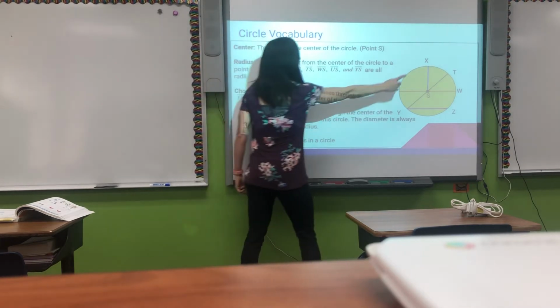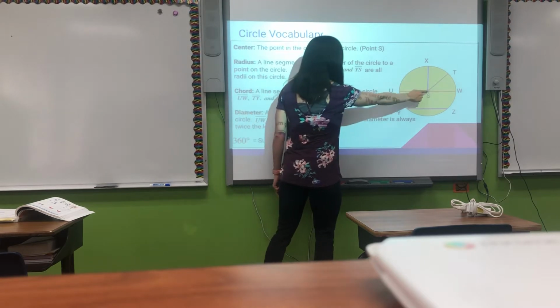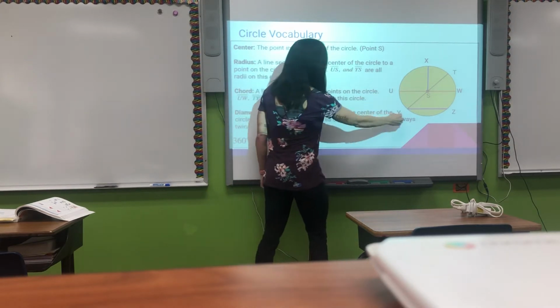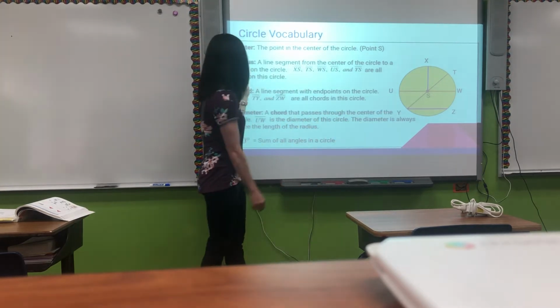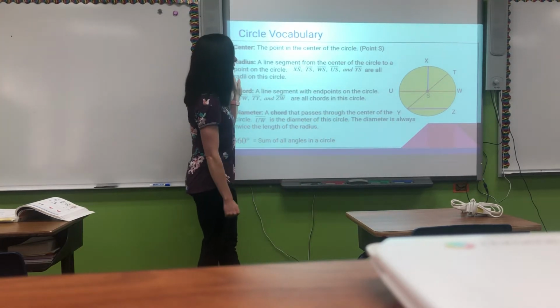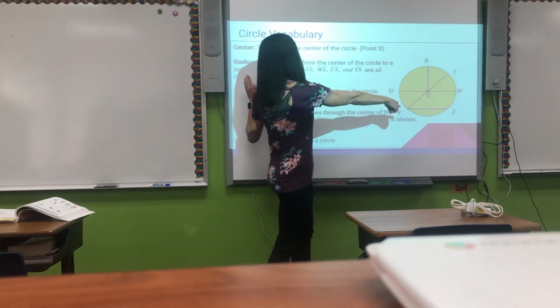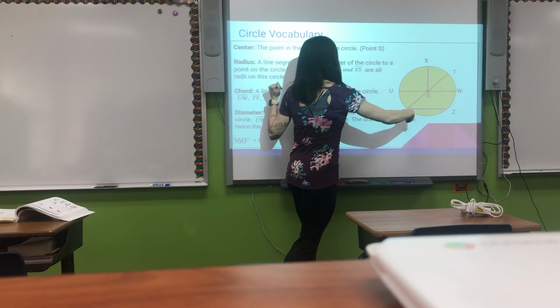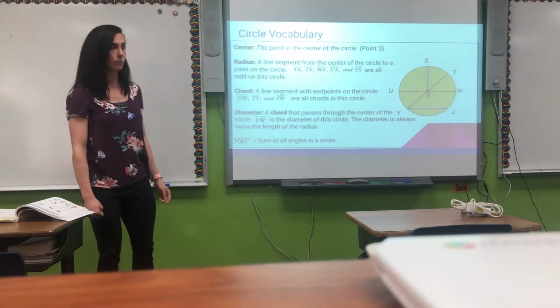So we have XS, TS, US, YS, and WS. Those are all radii on the circle, okay?